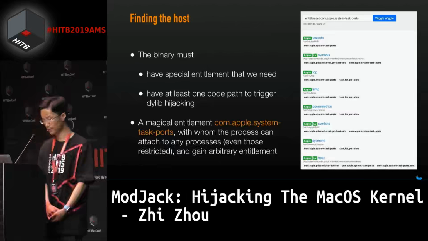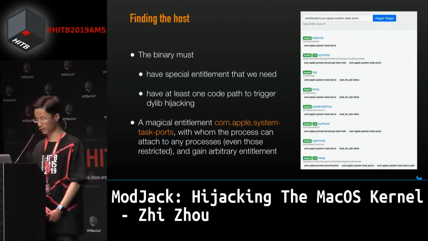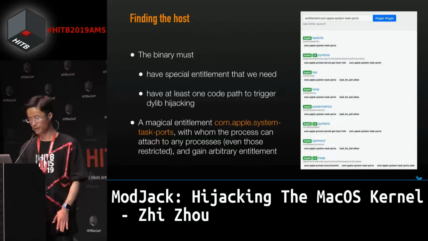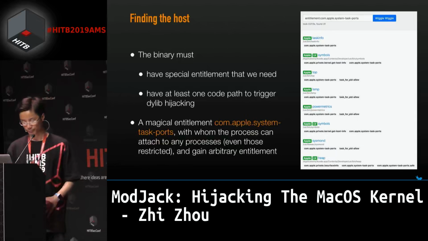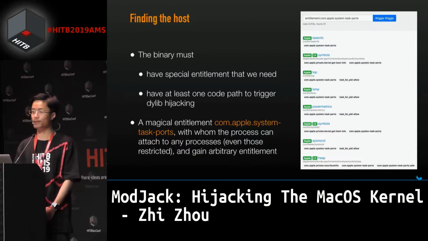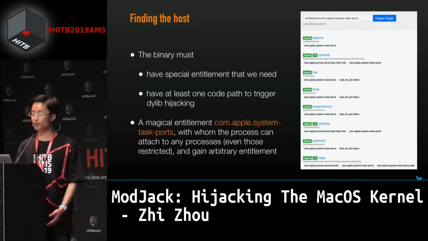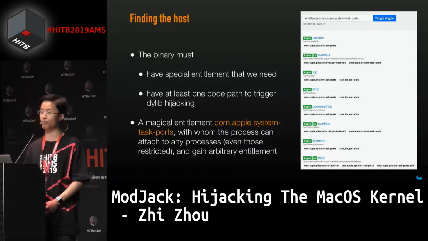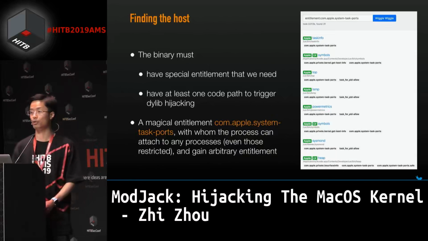So I have found this magical entitlement called com.apple.system-task-ports. We have mentioned before that in the latest macOS we cannot debug the internal processes by Apple. But with this entitlement, we can obtain the task port from every user mode process, even those restricted.